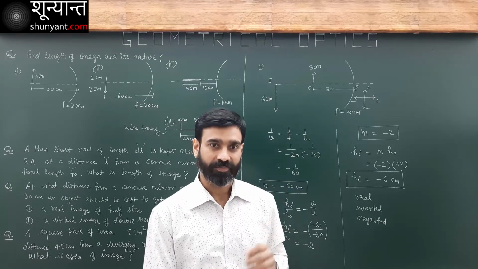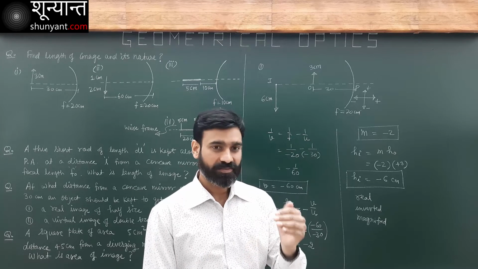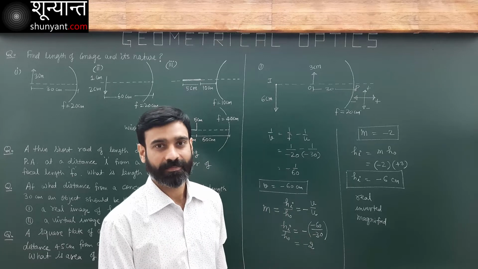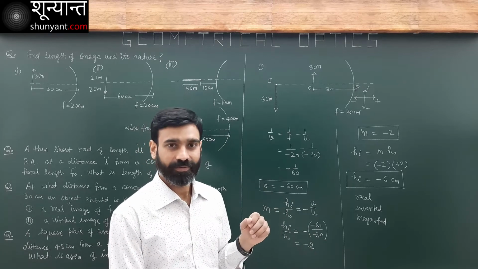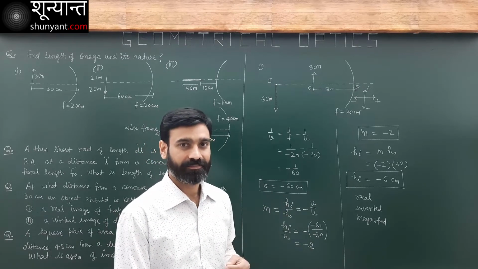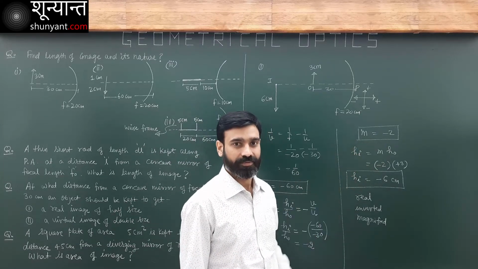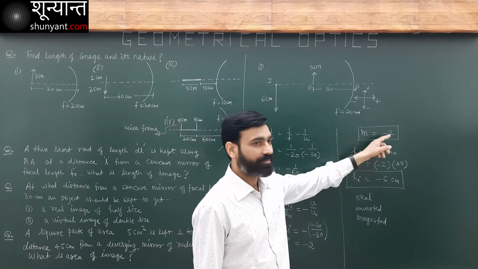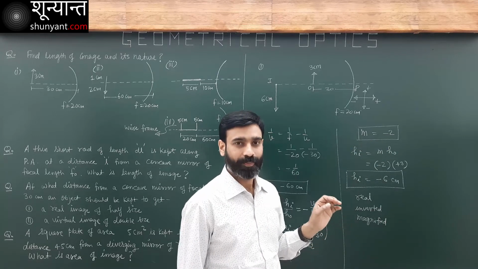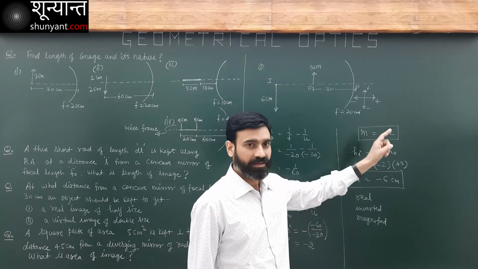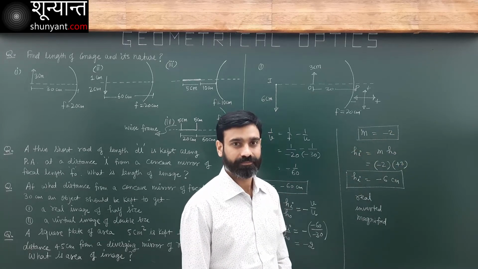If object is below principal axis, image is also below principal axis. That is the meaning of erect image. For that case, M will be positive. If M is negative, it is going to be inverted.